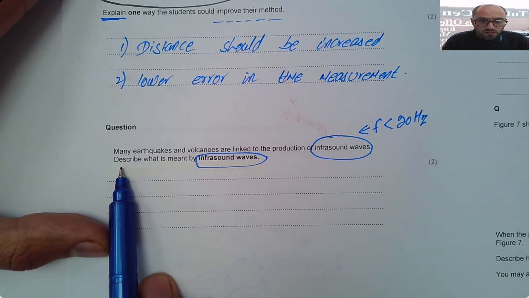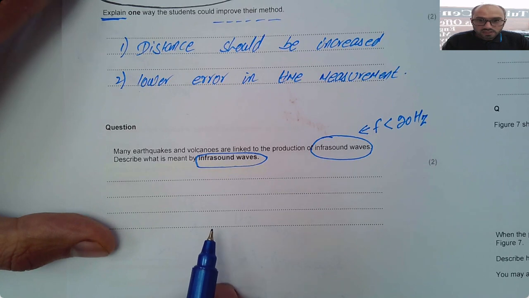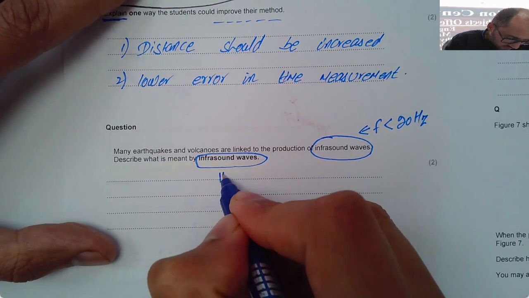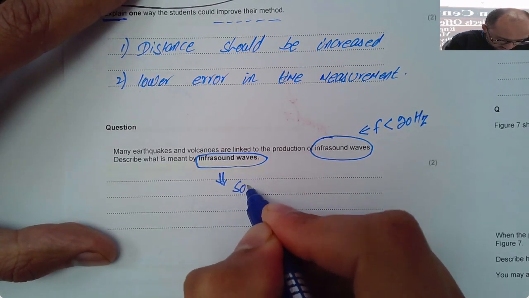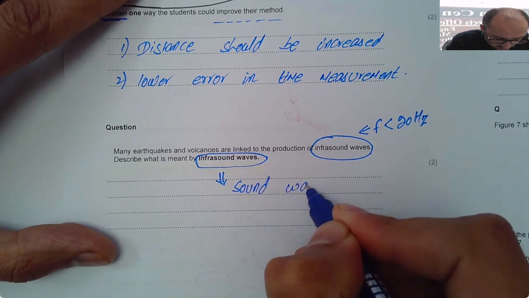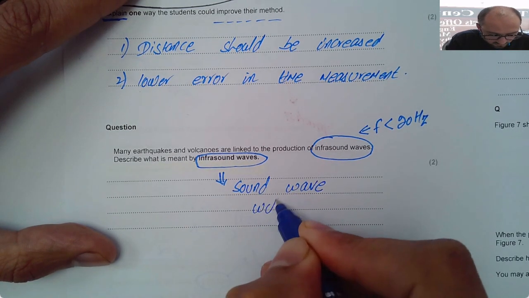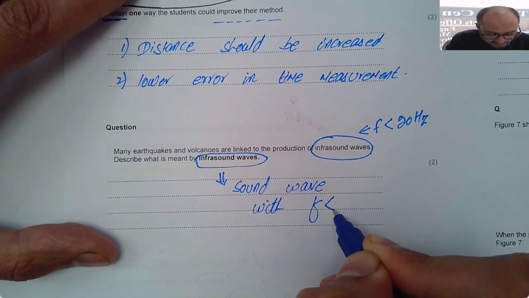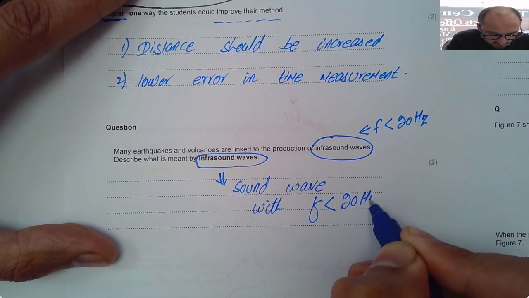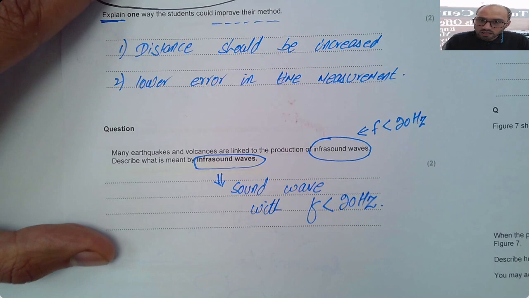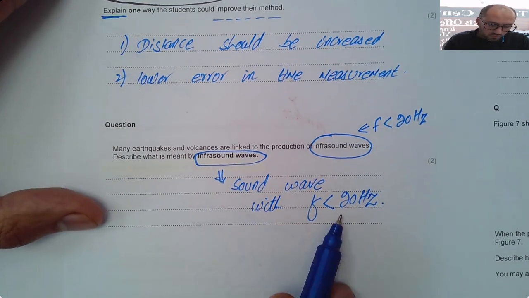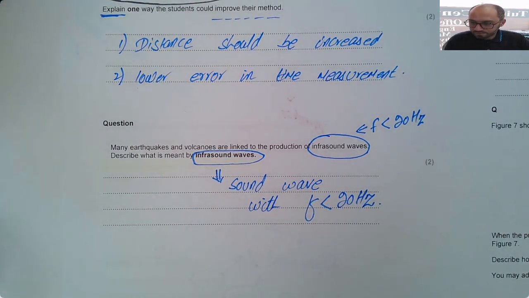It says describe what is meant by infrasound waves. So you need to recall, these are sound waves with frequency less than 20 hertz. So you have to remember: sound waves with frequency less than 20 hertz.